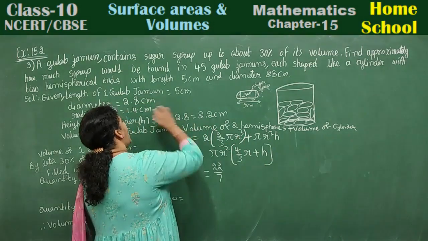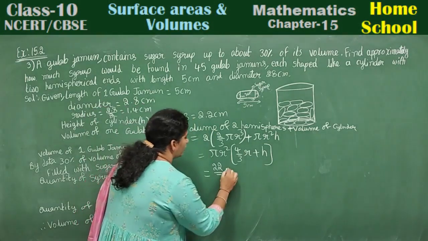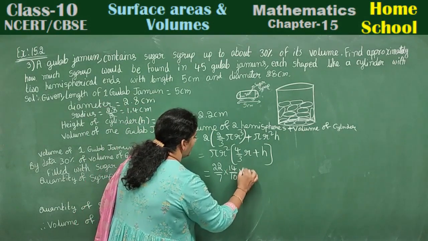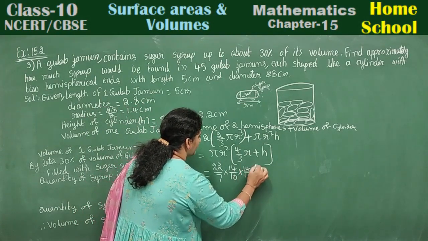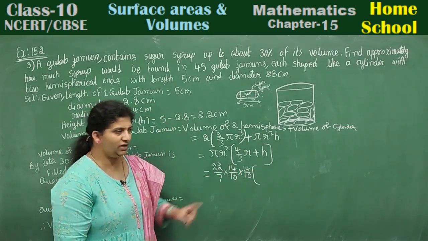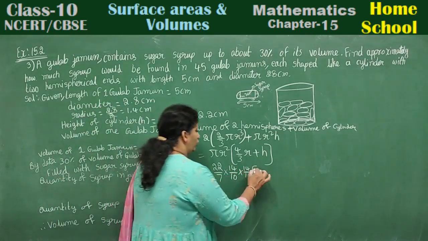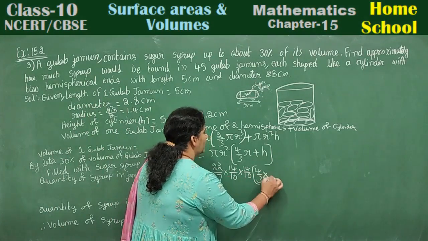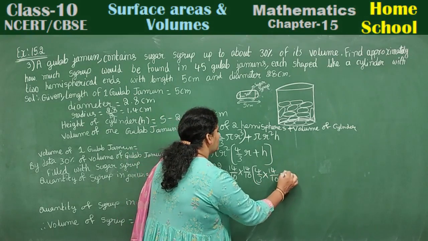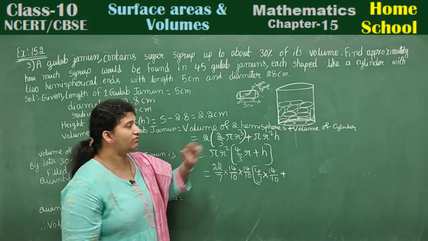Pi value is 22 by 7. R square, r value is 1.4. I may write it as 14 by 10 into 14 by 10. 1.4, children, convert this decimal. You can write like this. Into 4 by 3 into again radius 14 by 10, plus height. Which height are we talking about?